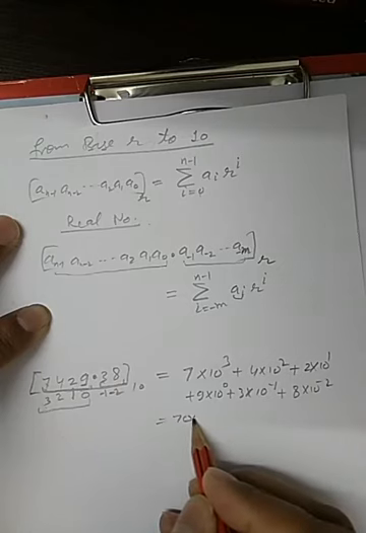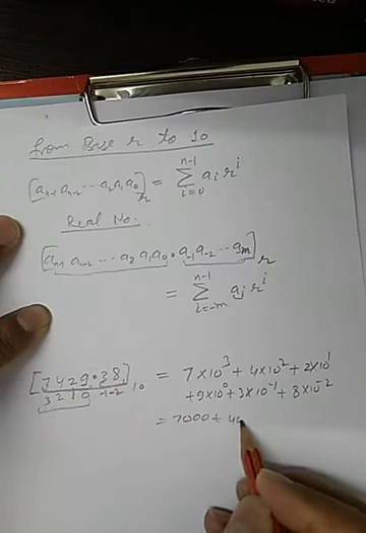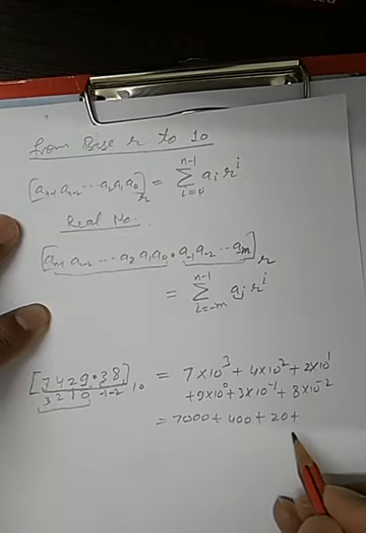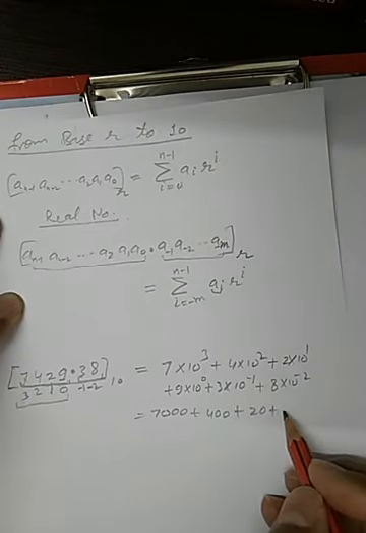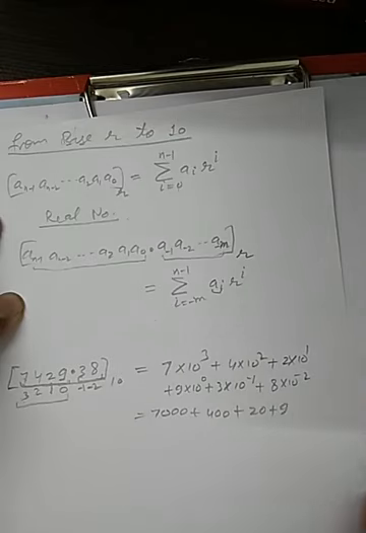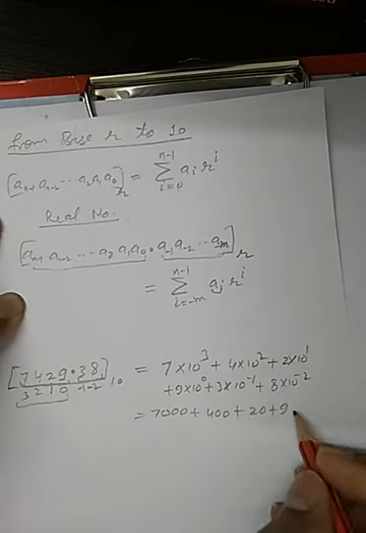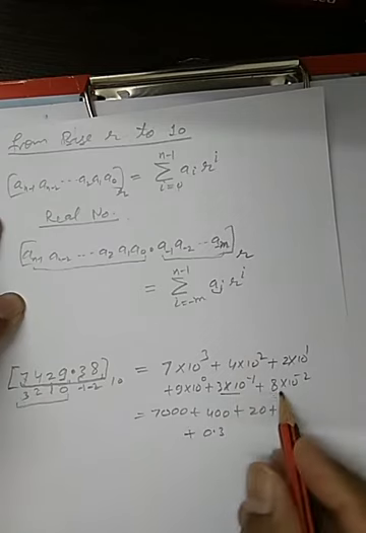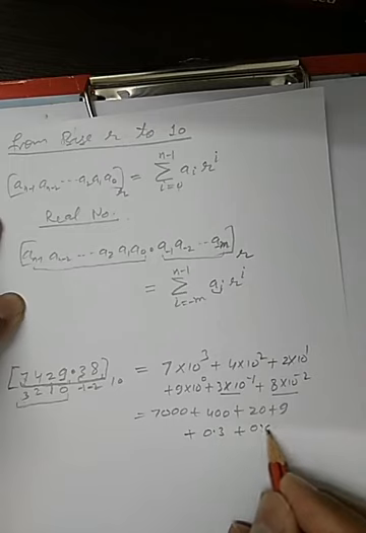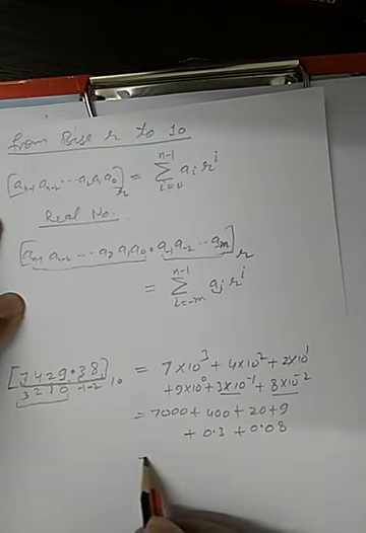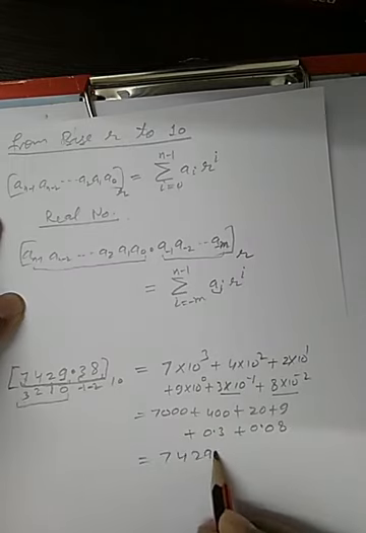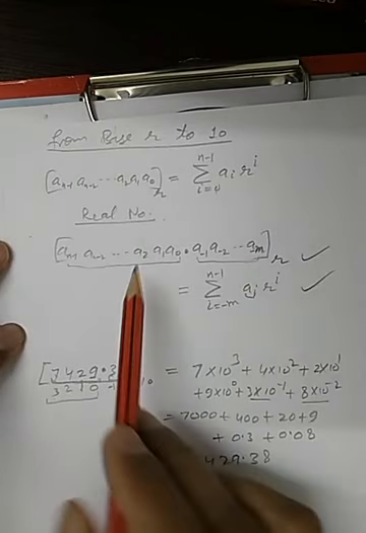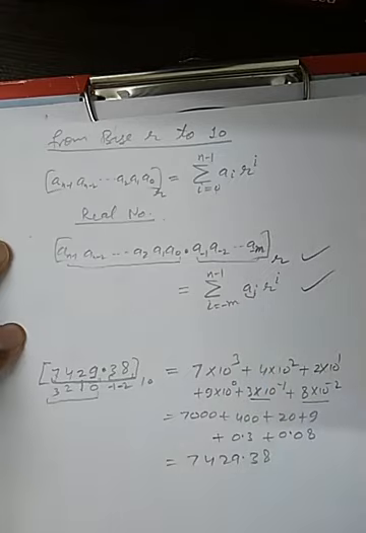So 7000 plus 400, then 20 plus 9, plus 0.3, and 0.08. Ultimately this comes out to be 7429.38.